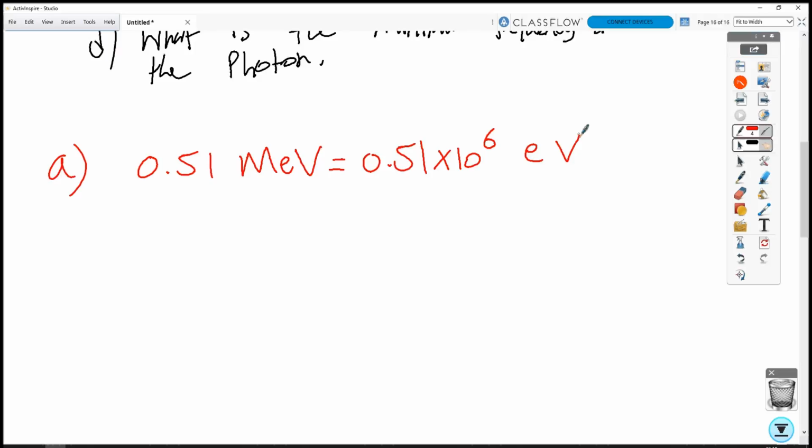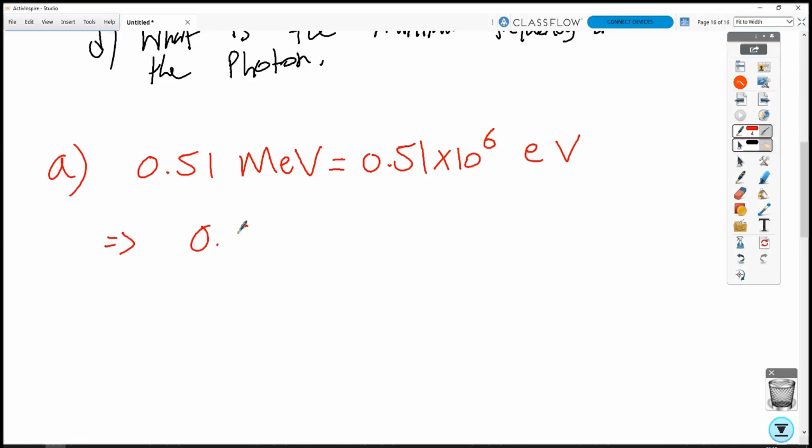Then we know that 1 electron volt is equal to 1.6 times 10 to the power of minus 19 joules. So we replace the eV with times 1.6 times 10 to the minus 19 joules.